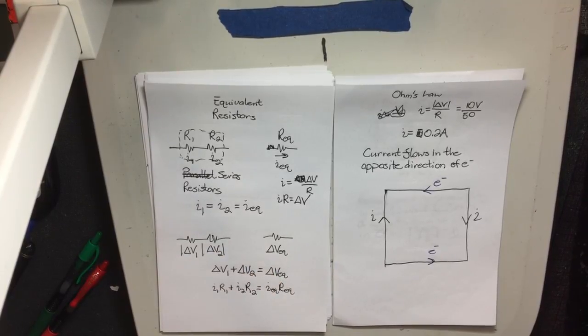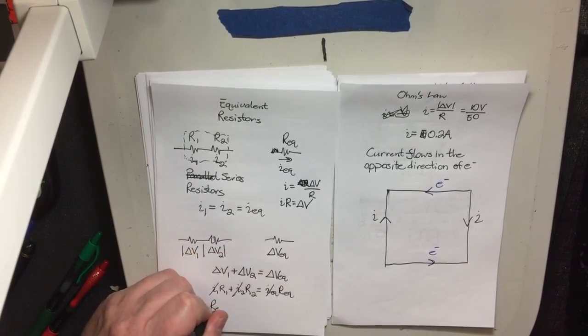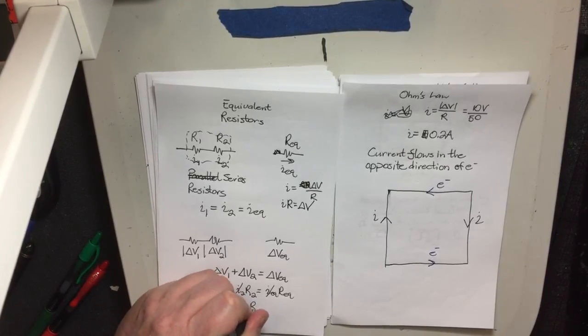And what do we know about I1, I2, and I equivalent? They're all the same, so they can cancel. So R equivalent is equal to R1 plus R2.